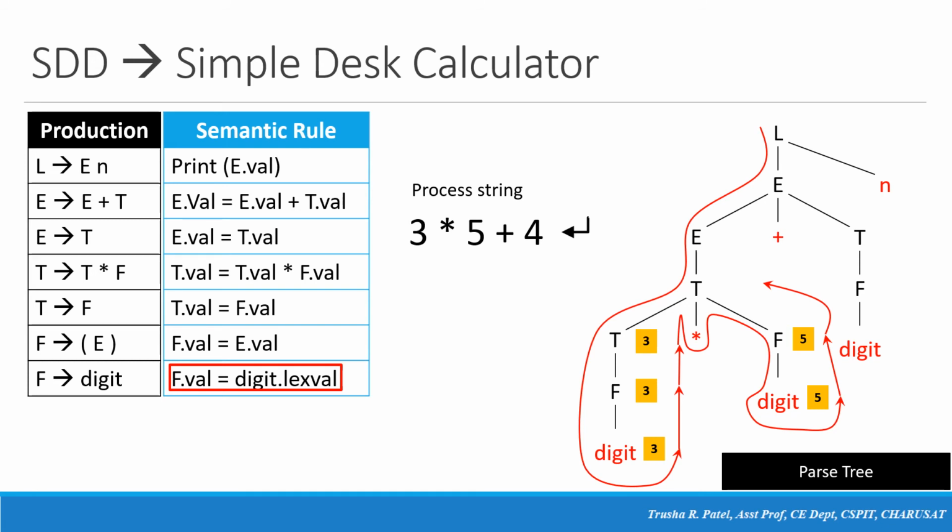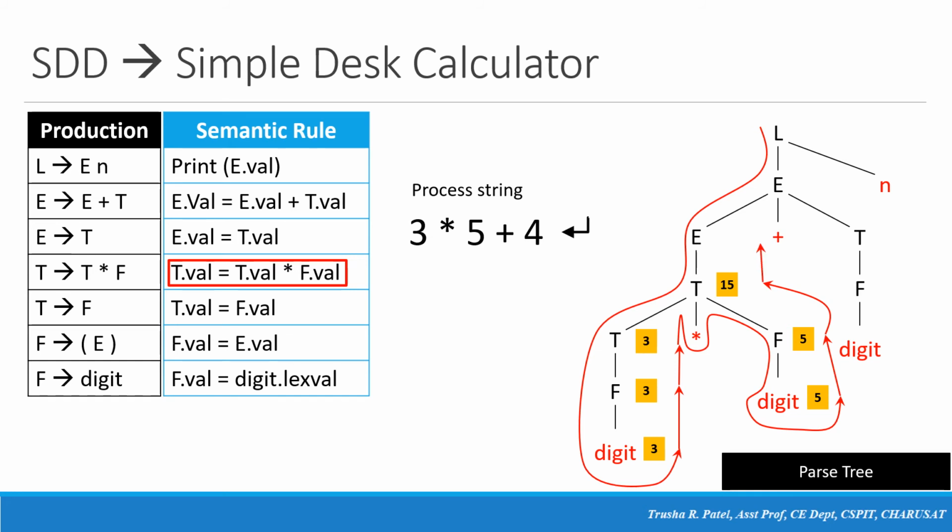So here T multiplication F entirely combined to T. So the rule associated will be T dot value is equals to T dot value multiplied by F dot value. So here the value of T is 3 and the value of F is 5. So 5 multiplied by 3, 15 will be assigned to T.